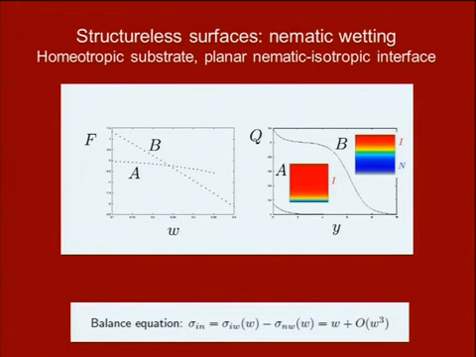This surface can attract or enhance the order with some anchoring strength, W, and if you plot a dry state versus a wet state, the wet state is the one where the nematic layer is thick, the dry state is the one where there is no order, there's an ordinary isotropic liquid, and these are the profiles that you can find. Typically, these are two branches, they cross at a point, so these surface states do coexist, and there is a wetting transition at a value. We can use the balance equation to get the orders of magnitude.